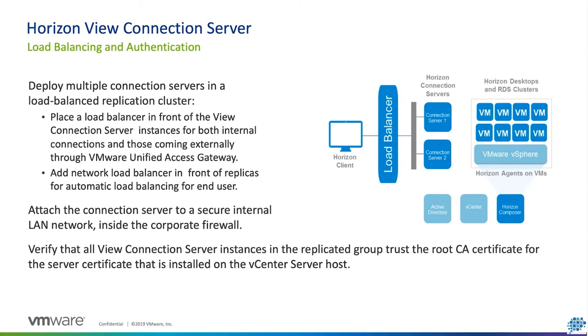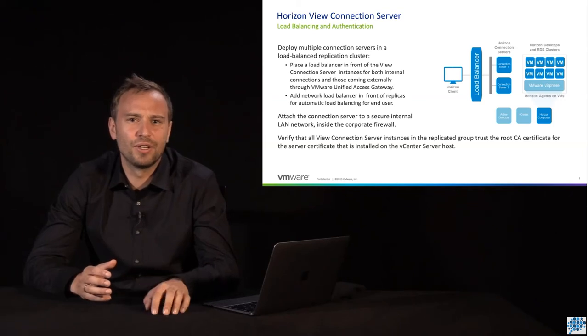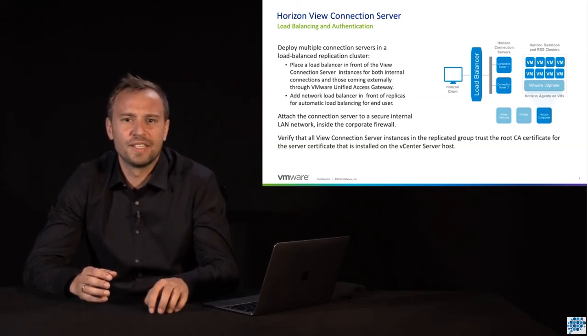That's an important thing we need to consider, and we need to decide how we deal with SSL topics. Do we do an SSL offloading on the load balancer, where we need to place our certificate, our hopefully enterprise certificate authority signed certificates, on the load balancer? Or do we do something like an SSL pass-through, or have the SSL endpoint on the connection server, where we use the locally installed Windows SSL certificates?